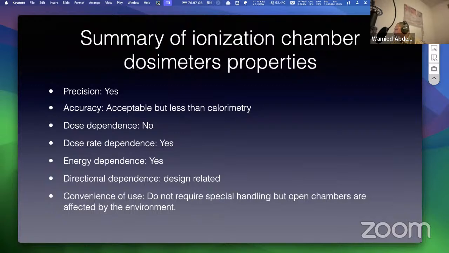In the case of absolute dosimetry, we probably need to take account of them. But if we're doing relative dosimetry, measuring a PDD or TMR, maybe these factors are really not important. Even temperature and pressure, as long as you're doing the measurement at roughly the same time, with no change in temperature and pressure.